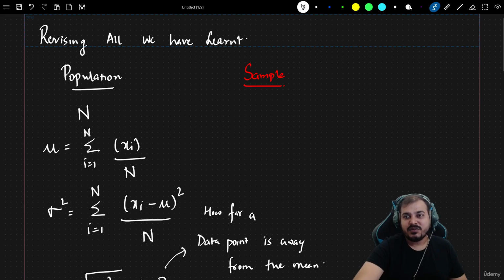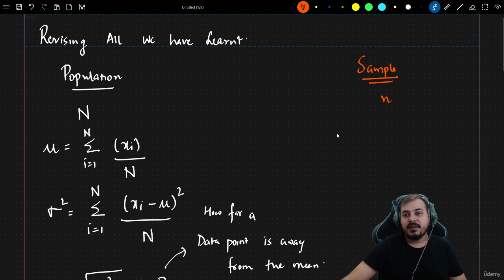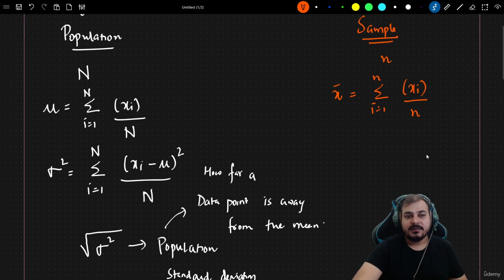Now similarly with respect to sample data, if I really want to compute the value with respect to sample data, it is quite simple. Again, with respect to sample data, we use small n. The mean is usually given as x bar. X bar is nothing but summation of i is equal to 1 to small n, x of i, divided by small n, and this is my sample mean.